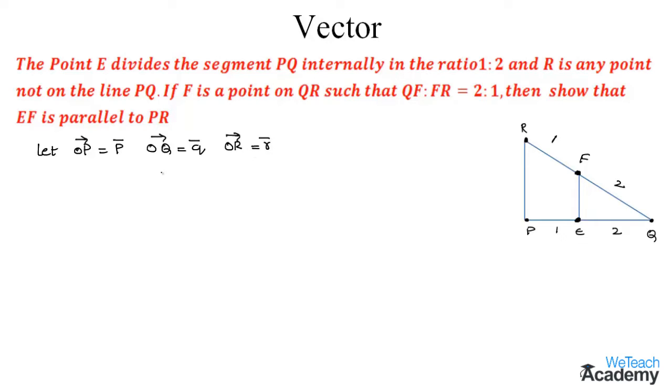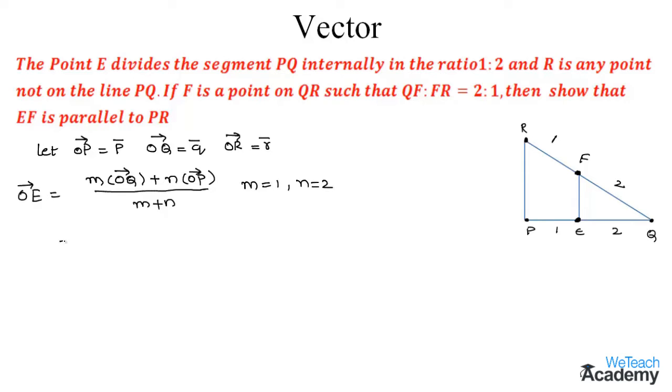So given that the point E divides the line segment in the ratio 1:2 internally, so in our previous video we have already learned the formula that if a point divides the line segment in the ratio m:n, then the vector OE is given by m into the vector OQ plus n into the vector OP divided by m plus n, where the values of m and n are 1 and 2.